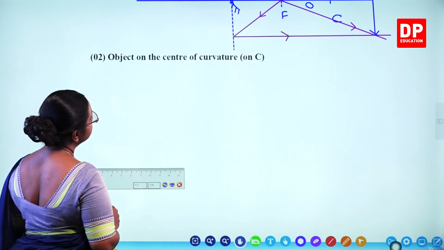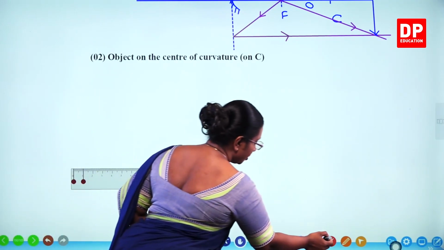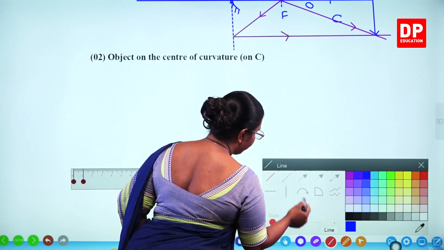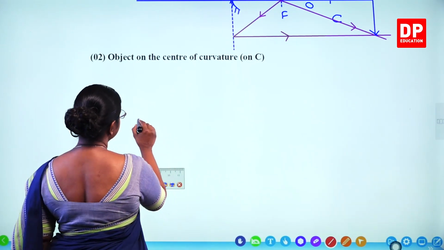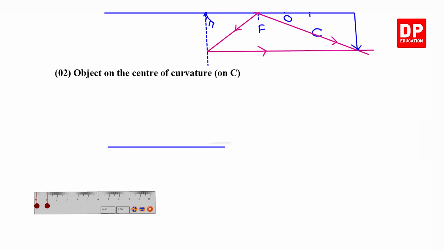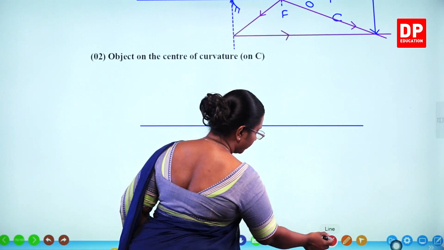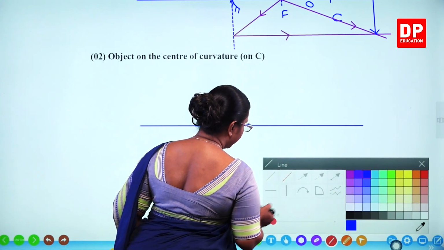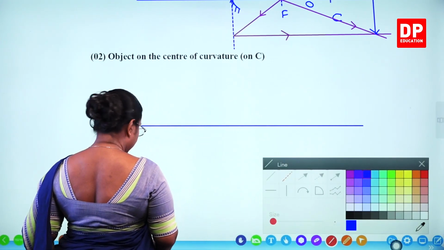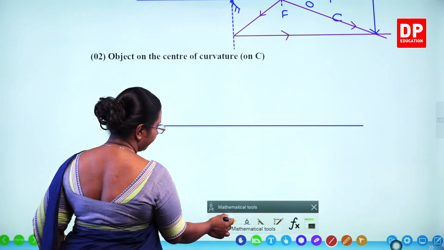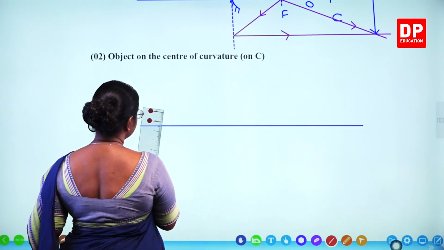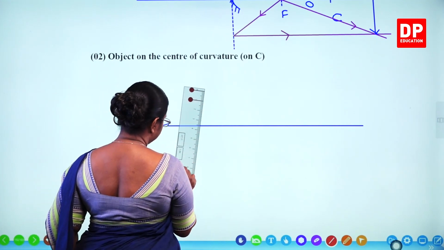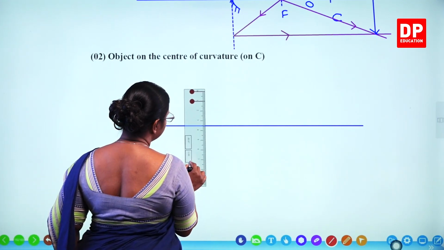Object on the center of curvature. So again, the same method. You have to start with the principal axis. So now we have to draw the mirror using the broken line, and for that I will use a ruler. So it will be somewhat more convenient for me.